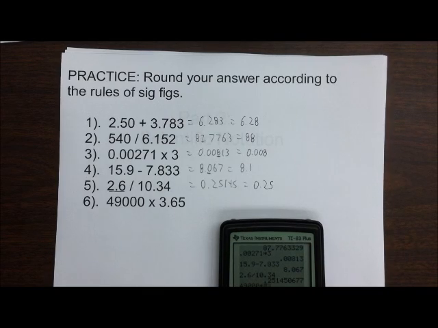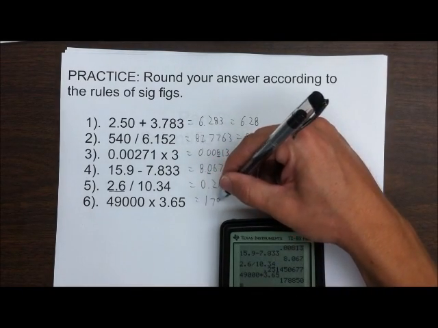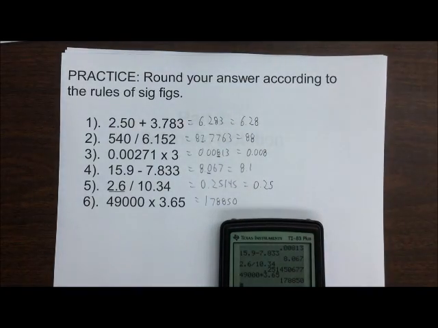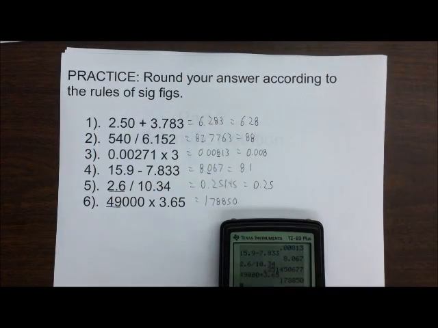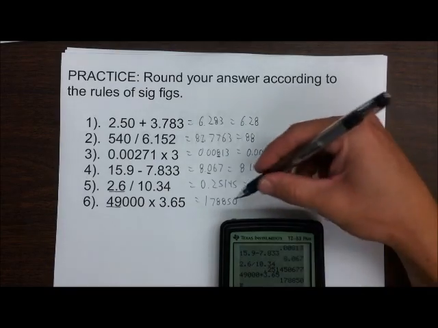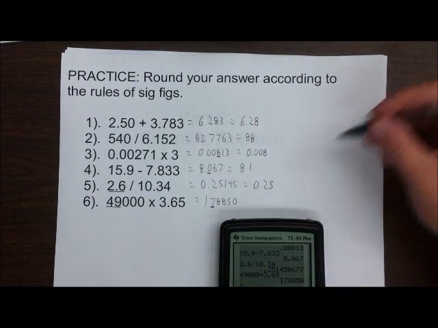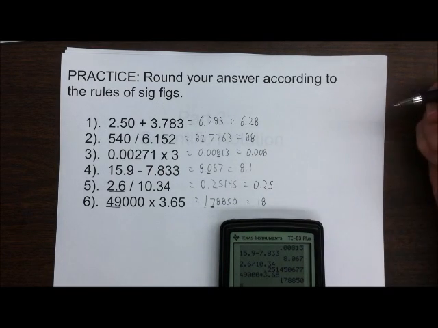49,000 times 3.65 gives us 178,850. But we only want 2 sig figs. These are trailing with no decimal. So to make this 2 sig figs, we count 1, 2. We want to round the 7. So we keep the 1, round the 7 up to an 8.